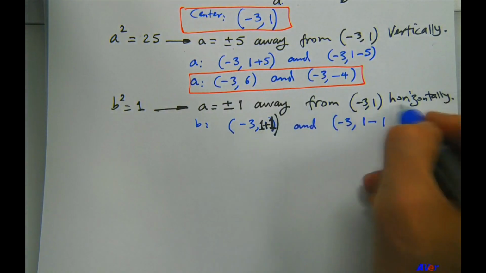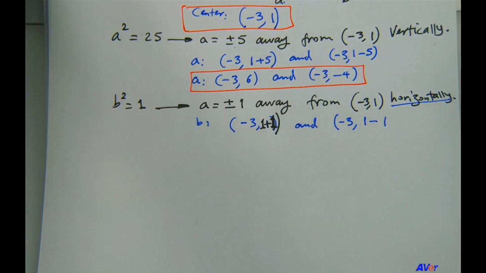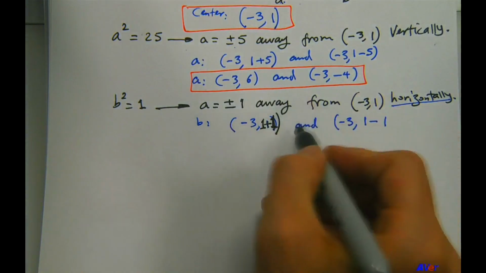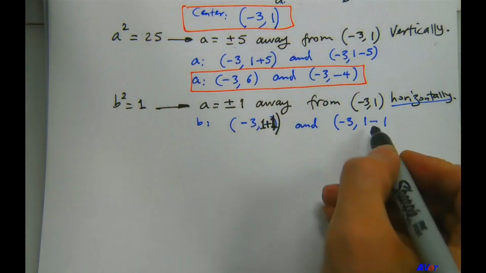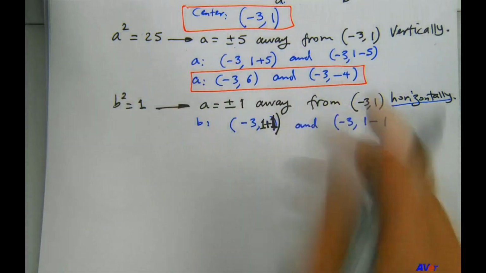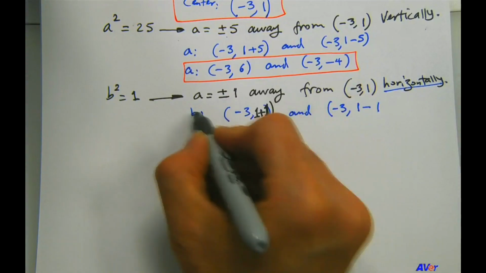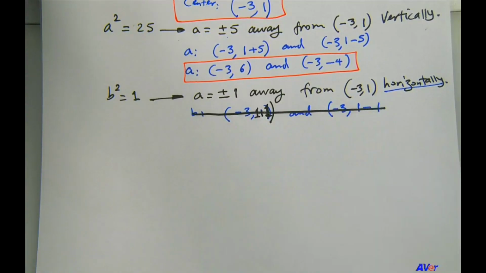Well, I said horizontally, so let me correct this. Before I post this on Canvas, I will white these out, so you shouldn't see this on the version of these notes that I'm posting. For now, let me correct this with a line through them.